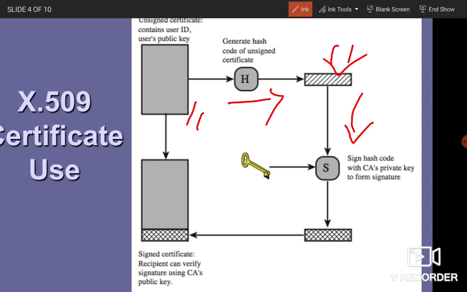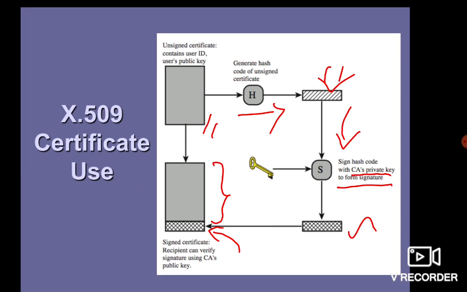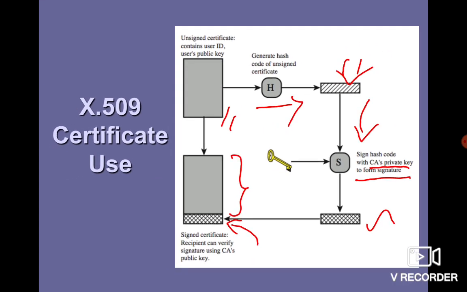Then the hash code is signed by the certificate authority's private key. Thus we have created the signature, and along with the original certificate, the signed certificate is appended and sent to the receiver. The receiver can verify the signature using the certificate authority's public key.